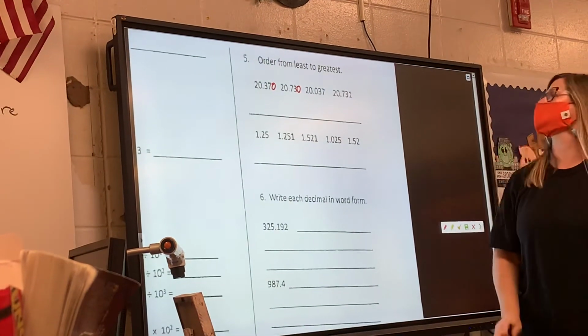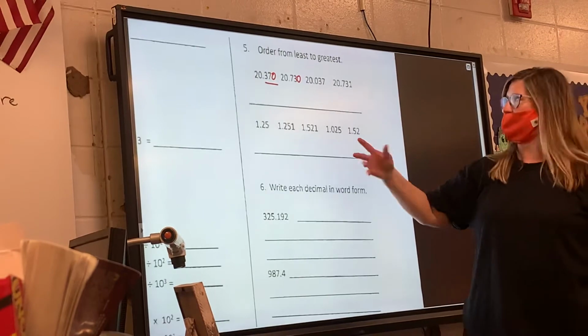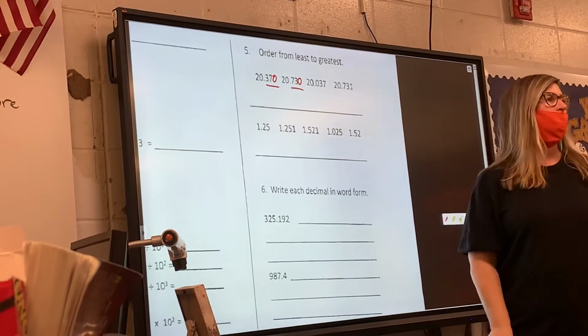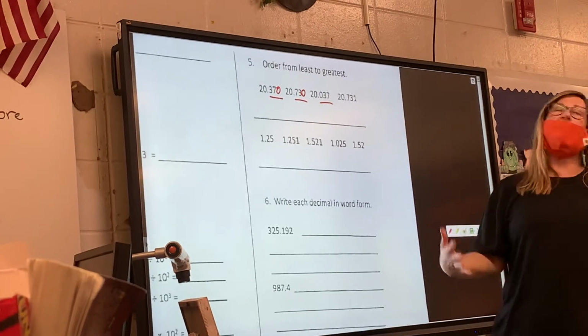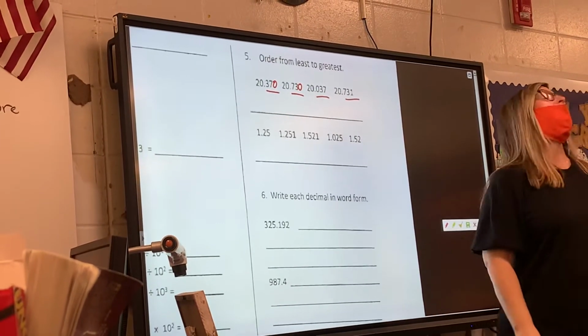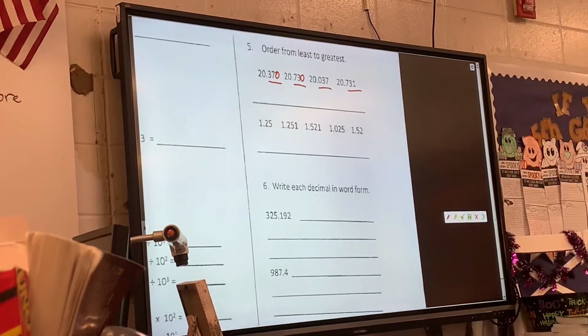So let's look at our numbers. This is 370 thousandths. This is 730 thousandths. This is 37 thousandths. This is 731 thousandths. So what is the smallest one?